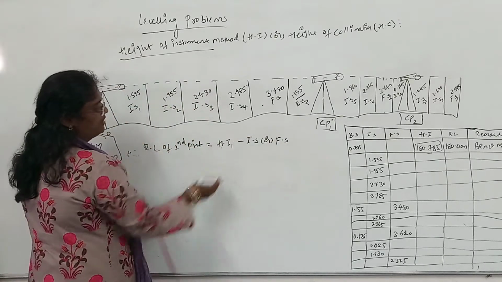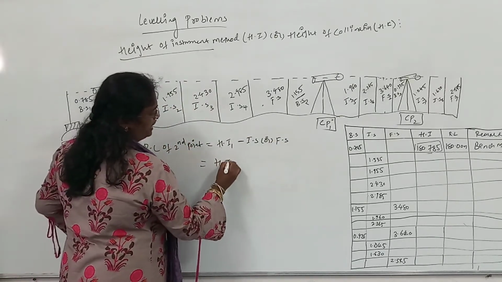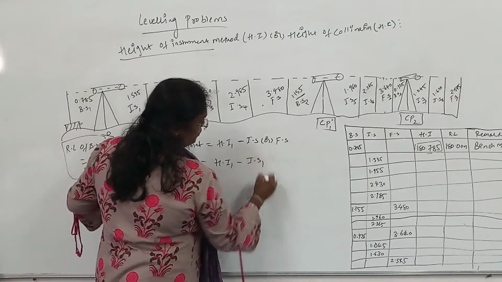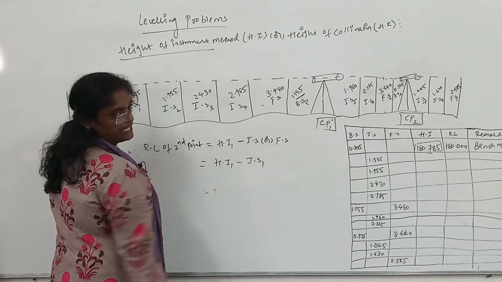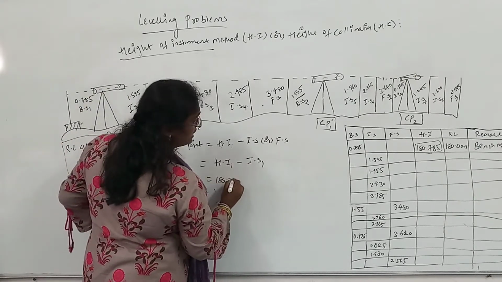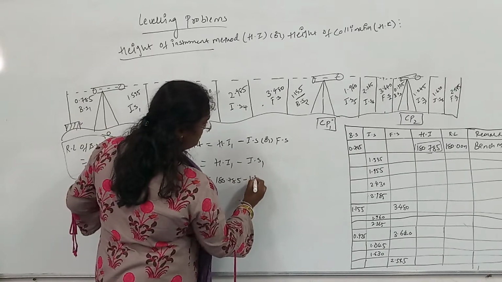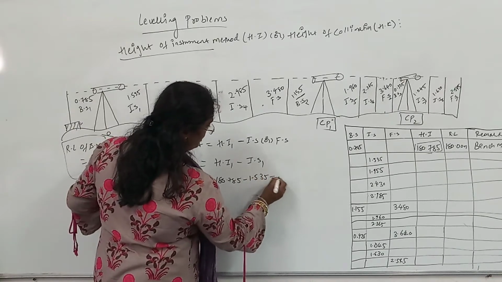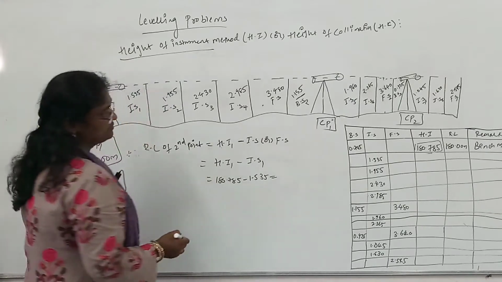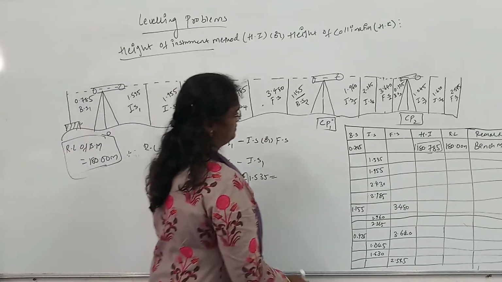This is the formula. So height of instrument 1 minus the first intermediate side: 180.785 minus 1.535. What will be the value here?